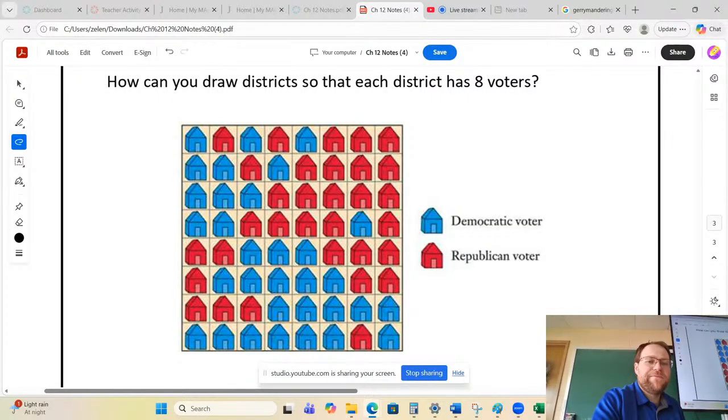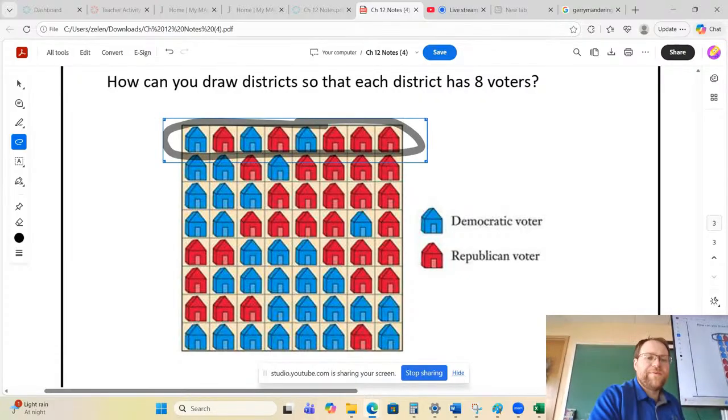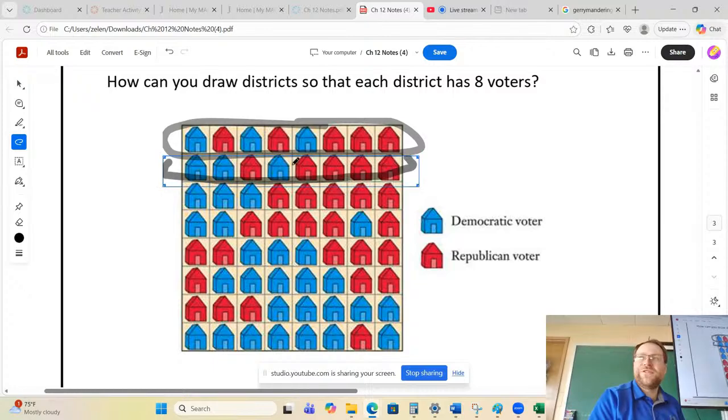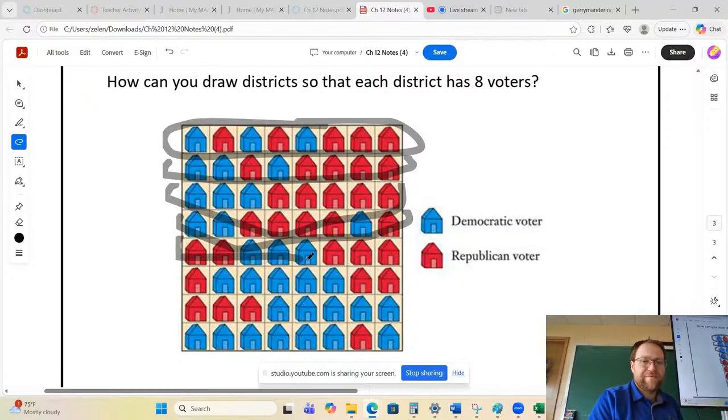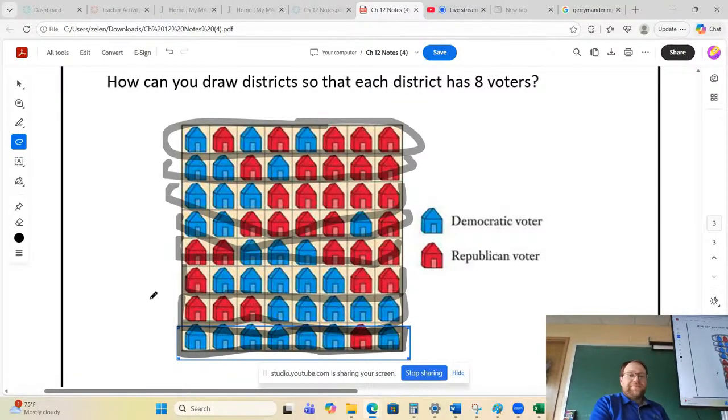Now, some people may just go about this the old-fashioned way, say going by rows, just as an example, to determine districts. And say each district gets 1 vote here.